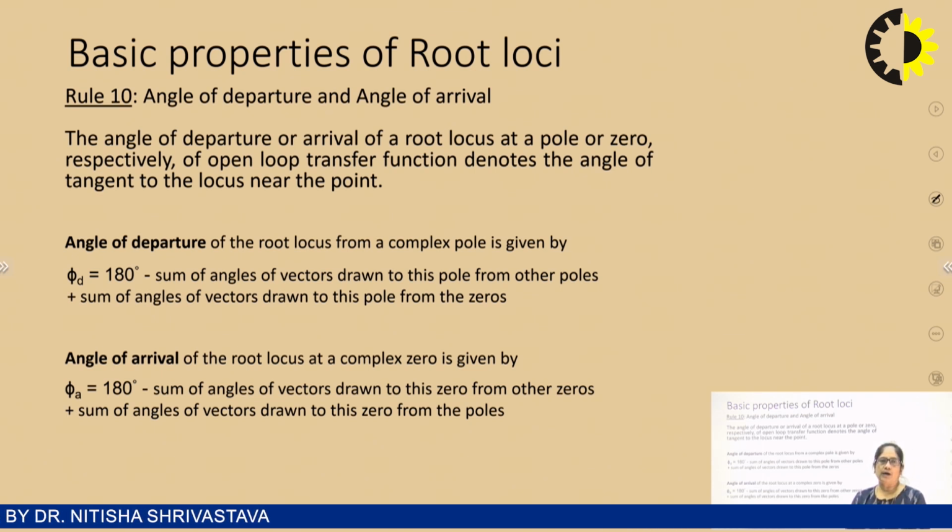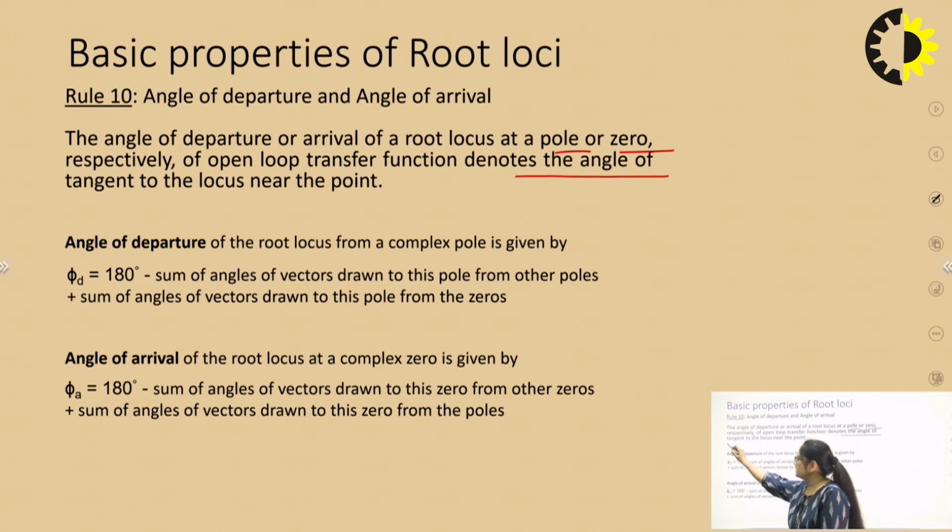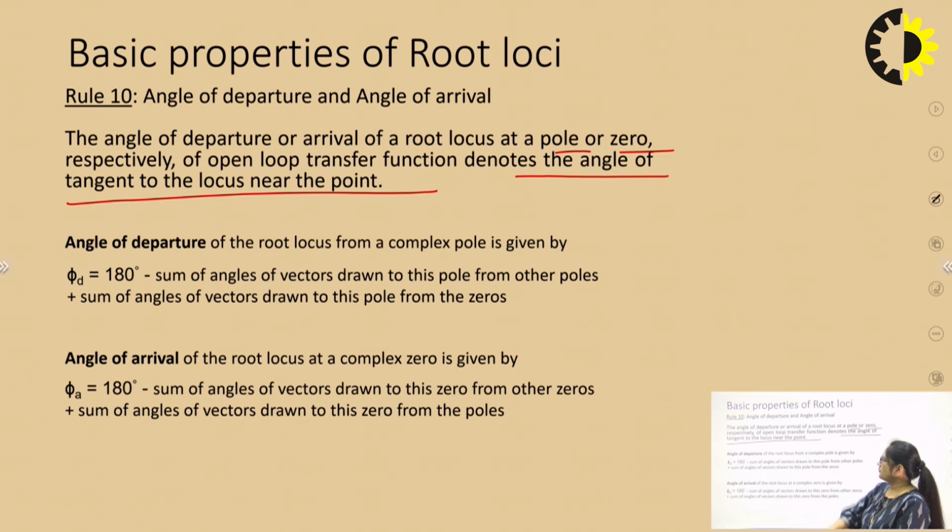These two are related to complex poles and complex zeros. Now angle of departure for a pole and angle of arrival of a root locus for a zero of open loop transfer function denotes the angle of tangent to the locus near the point.